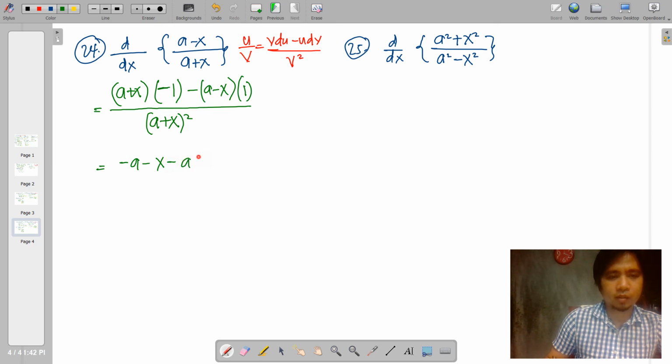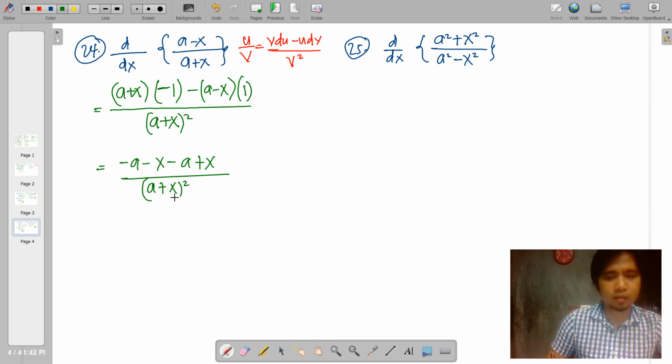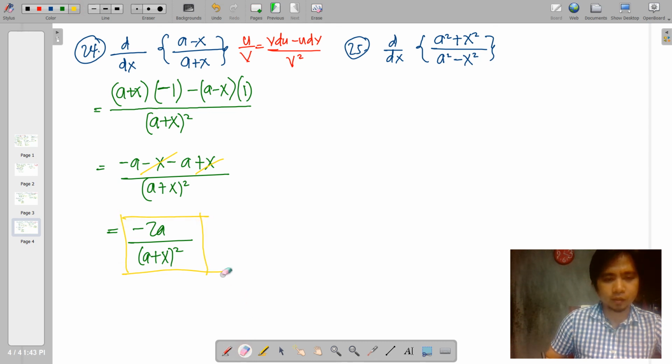Minus a plus x over a plus x. This is squared. And then obviously, yung x dito will just cancel, ano? So yung naiwan, negative 2a over a plus x. This is squared. So this shall be the answer for the 24th problem. Okay?